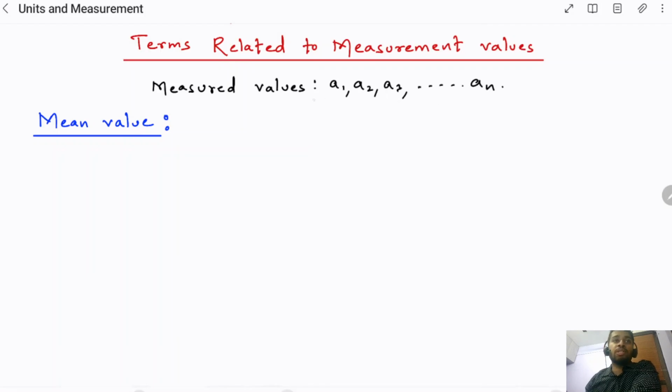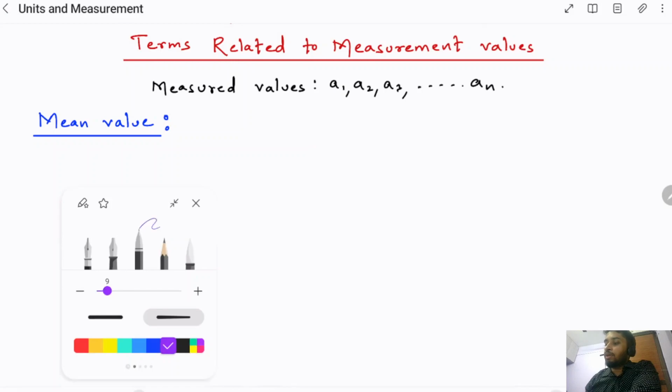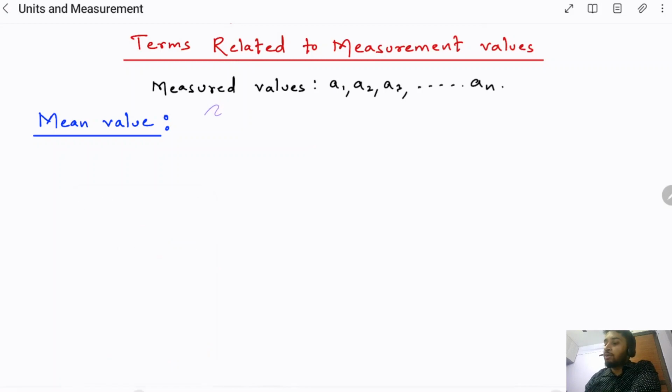Once we have the measured values, the first thing that we calculate is the mean value. Mean value is the average of the measured values.